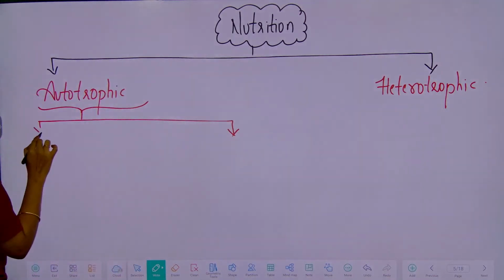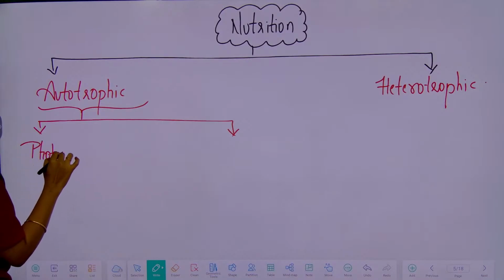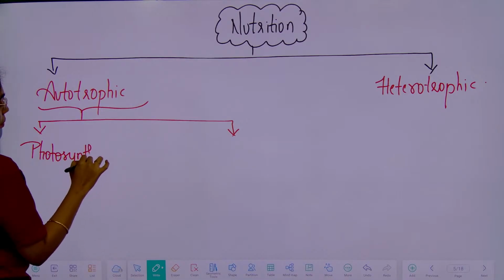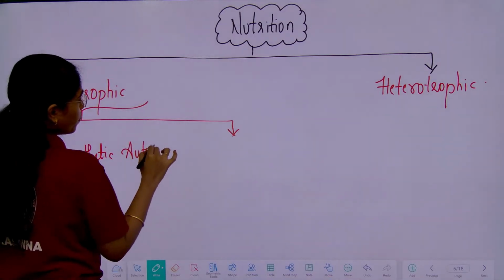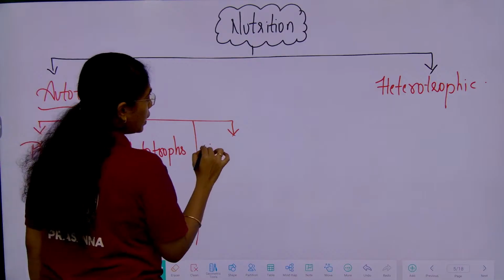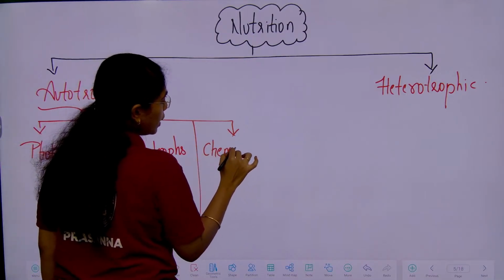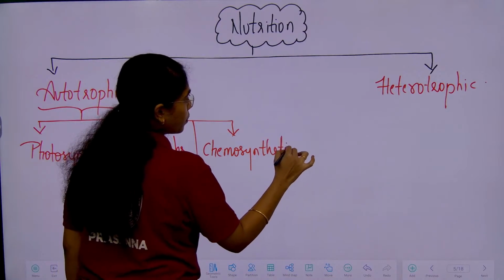One, it is photosynthetic autotrophs. Second one will be chemosynthetic autotrophs.